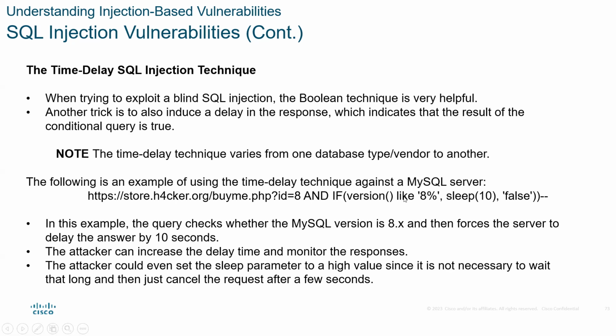If, for example, you go to that site and you're going to buy, the ID is 8. Once you realize the version on that particular site is like 8, then the server should sleep for 10 seconds.